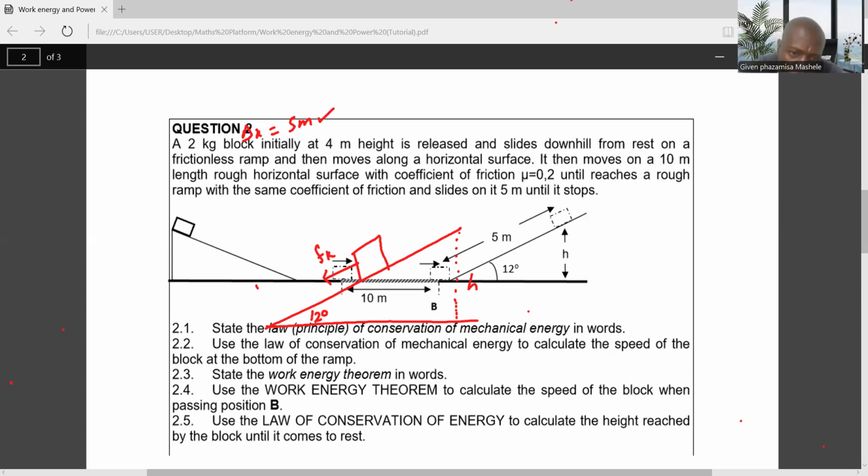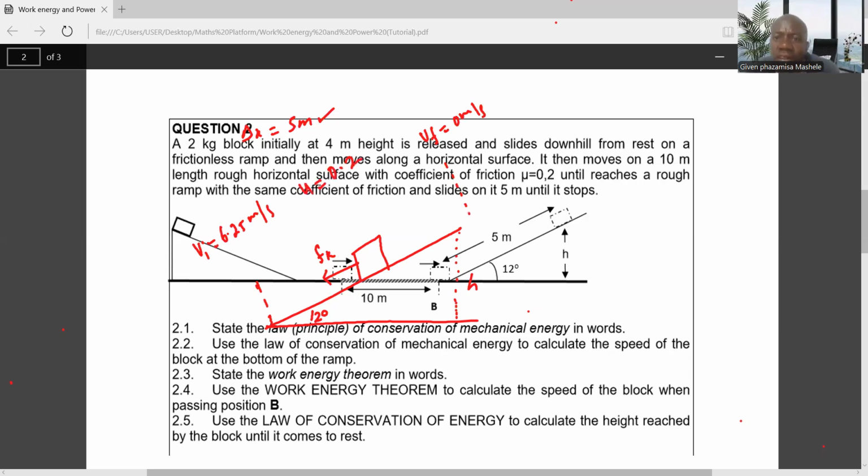The initial speed from the bottom, we have calculated, is 6.25. The final, we are told that it is at rest here. We know it's 0, so we want to know this height. We are given the coefficient of friction, 0.2. They said it's the same.